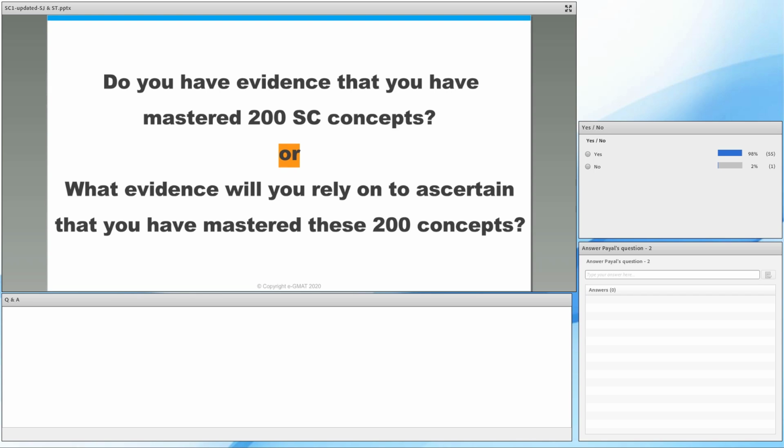Now a very quick question: from whichever source you are learning from, and let me clear all the answers in the yes no poll, do you have any evidence that you have mastered the 200 plus SE concepts, or what evidence do you essentially have that you are getting good at GMAT sentence correction? And I'll also reopen the short answer poll.